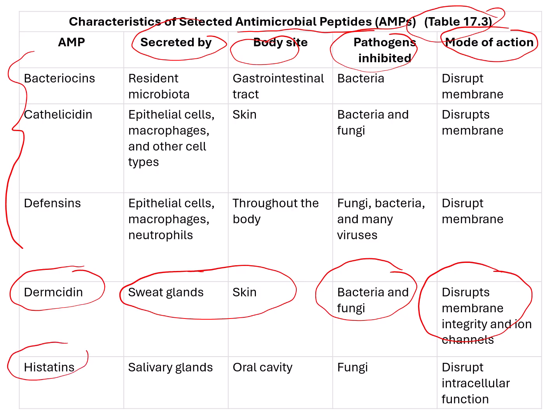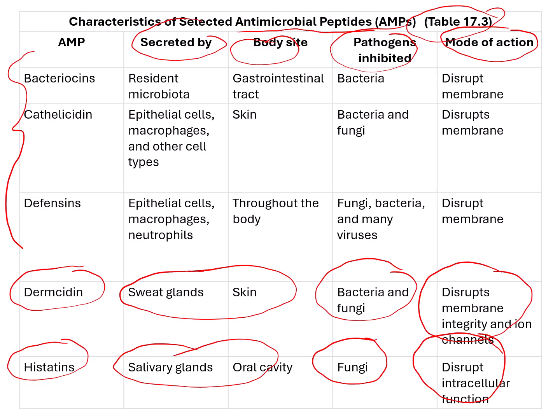And histatins are found in our saliva, and they specifically enter fungal cells and disrupt fungal mitochondria. So once they damage the mitochondria of these fungi, now these fungi can no longer make ATP, and that results in cell death. So these molecules together are essential for frontline protection.